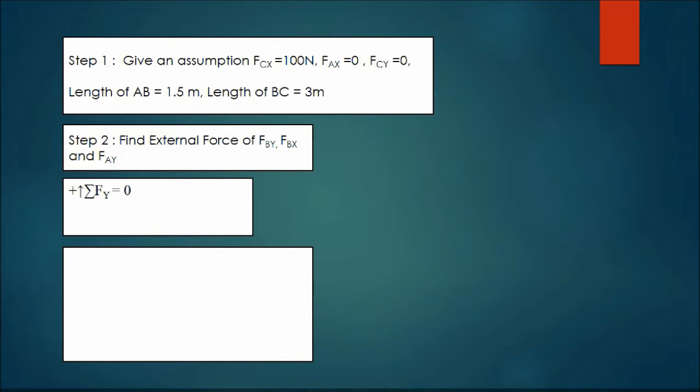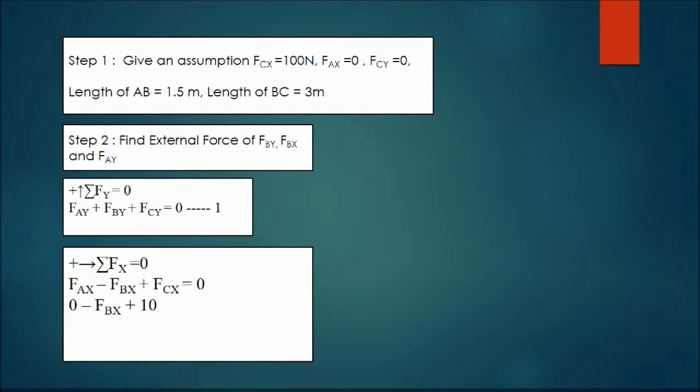Positive direction of Fy, sum of Fy equals 0. Fay plus Fby plus Fcy equals 0 in equation 1. Positive direction for sum of Fx equals 0. Fax minus Fbx plus Fcx equals 0. 0 minus Fbx plus 100 equals 0. Fbx equals 100 Newton.